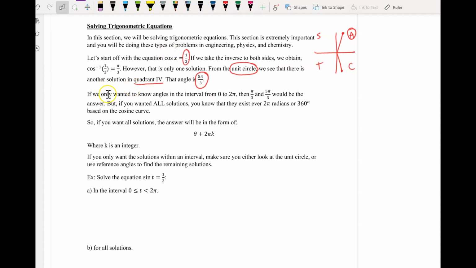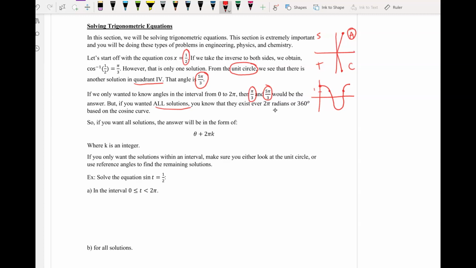So let's say if we wanted the angles to be from 0 to 2 pi, then the answers will be pi over 3 and 5 pi over 3. So those will be the two solutions. Now, if we wanted all the solutions, because remember that the cosine curve looks like this, you'll only get the one at 1/2 here and here.